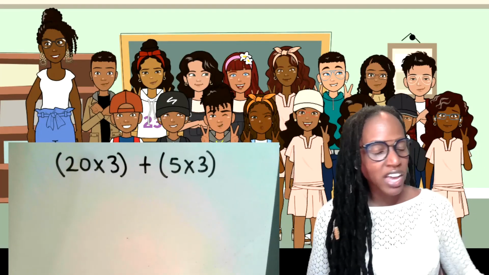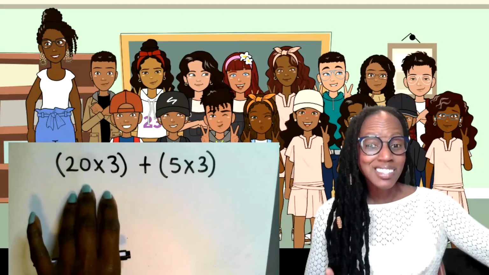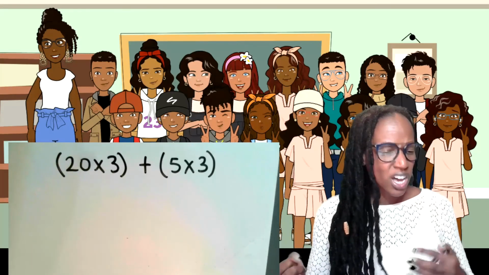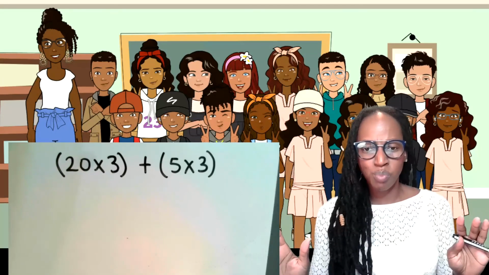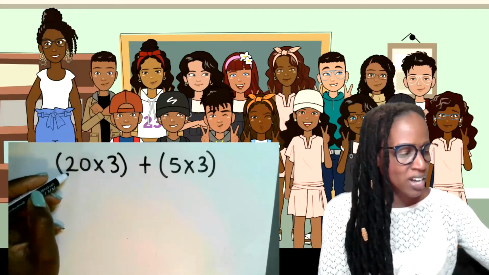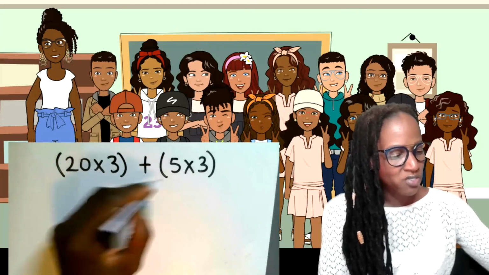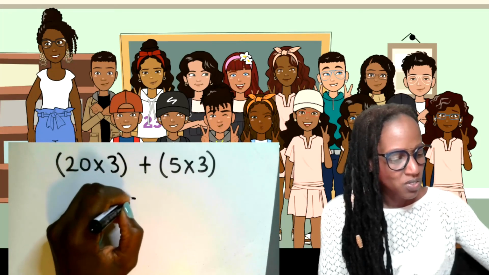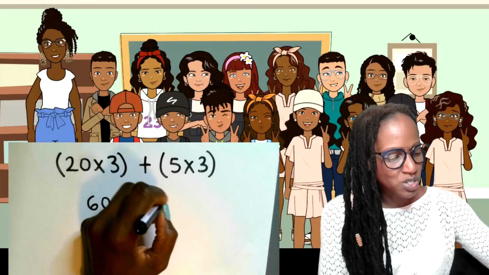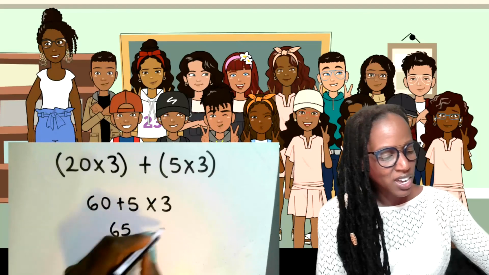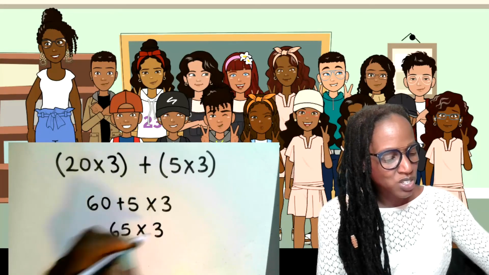So we have to evaluate the expressions inside of that parentheses to know what to do. So let's say we didn't use the parentheses. Let's say I just multiplied 20 times 3. That gives me 60. Then I said, let me add 5. So now I have 60 plus 5, that's 65. And then 65 times 3.